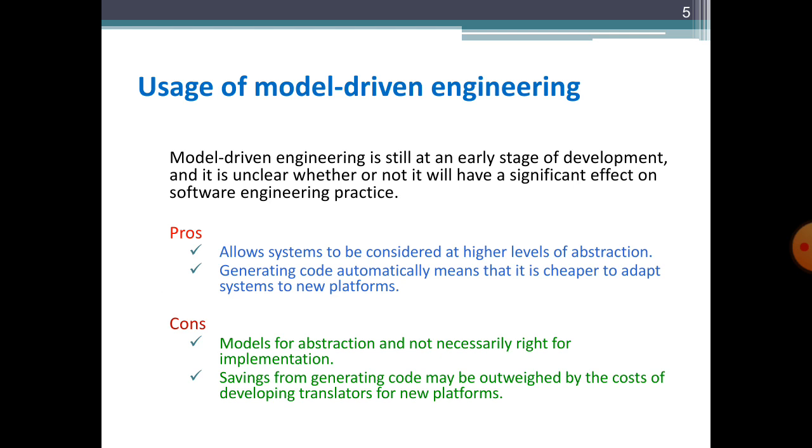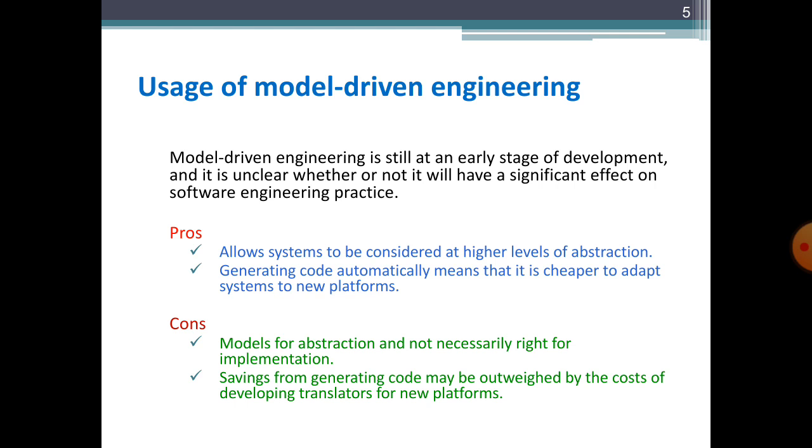However, students, I think that model driven engineering has a wider scope than model driven architecture. Model driven architecture focuses on the design and implementation stages of software development, while model driven engineering is concerned with all aspects of the software engineering process.